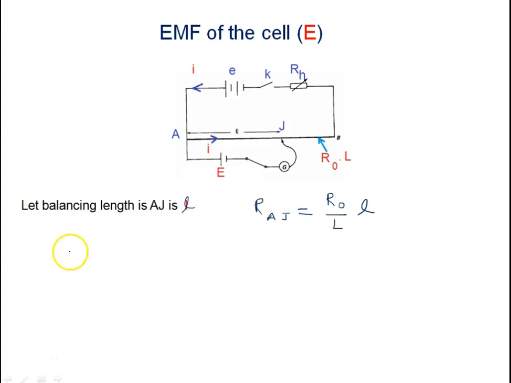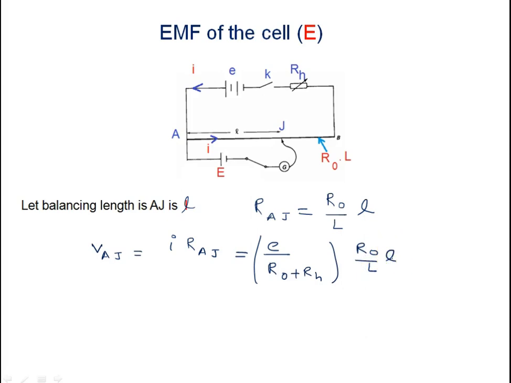Now, the potential difference across AJ. All of you write: what is the potential difference across AJ? It is the current through AJ times the resistance across AJ. What is the current through AJ? I discussed in the last slide: the net supply in the primary circuit, that is E, divided by the total resistance of the primary, R0 plus RH. And what is R_AJ? It is R0 by capital L into small l.